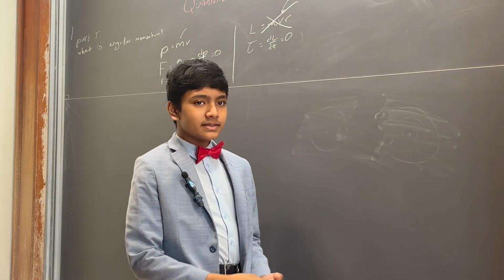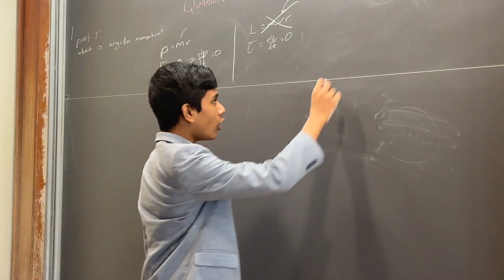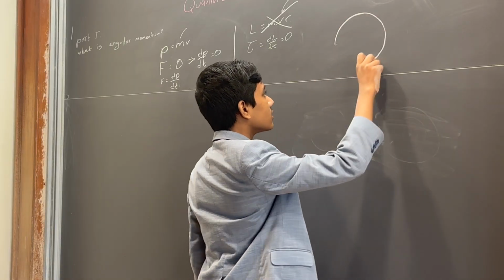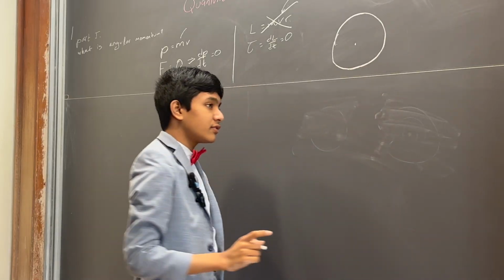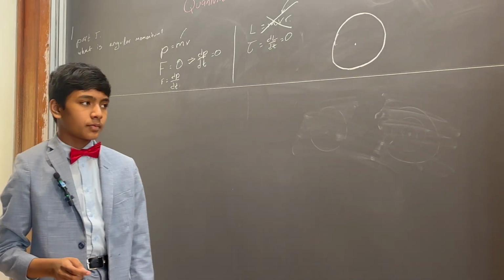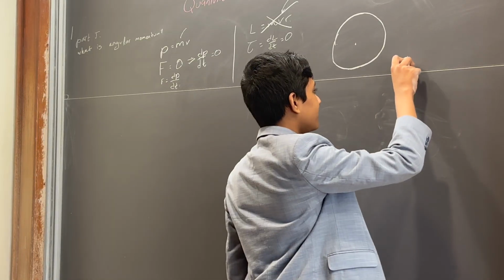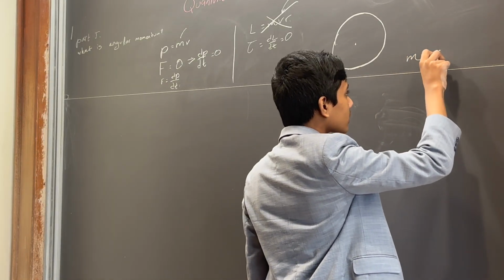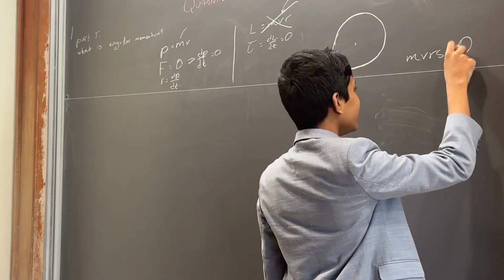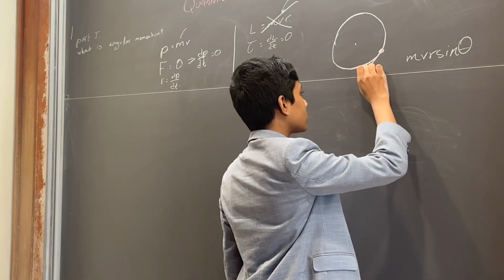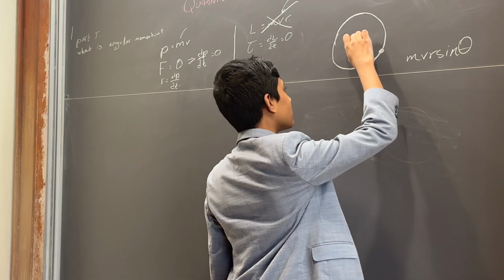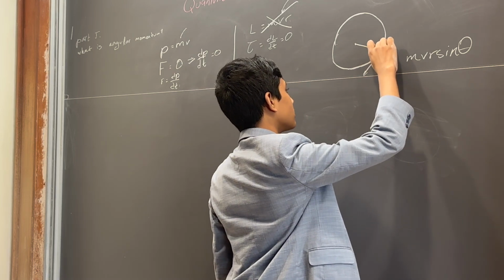Why? Because MVR only holds when you're within a perfectly circular orbit. If you're not within a perfectly circular orbit, you suddenly have to add in the factor MVR sine theta, where theta is the angle between the momentum of the particle in rotation and the radial vector of the particle in rotation.